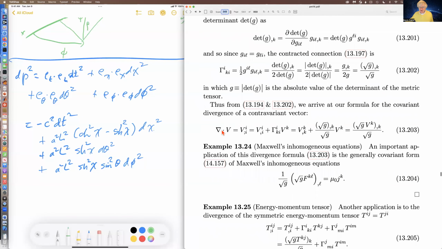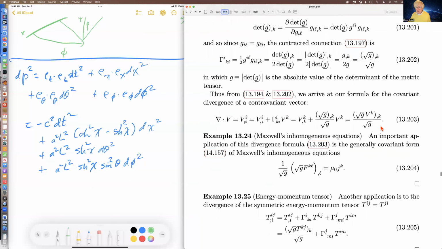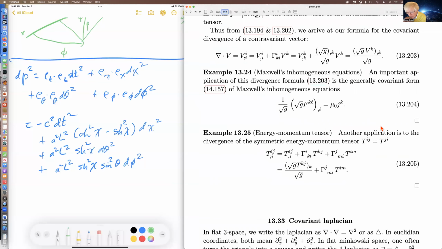Anyway, what we get then is the covariant divergence of a contravariant vector, given by this. We've got a formula for this, namely that, and then combining the two, we can combine the two like that.